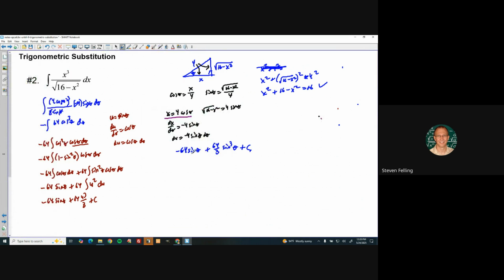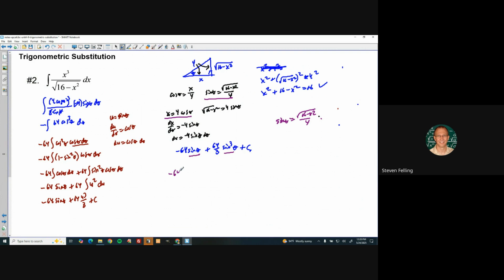So I need to replace that sine. So what is sine equal to? Well, up here we said sine of theta is the square root of this radical, square root of 16 minus x squared over 4, which means I can replace each of these sines with that to go back to the original x.